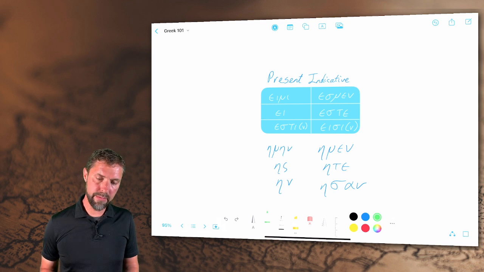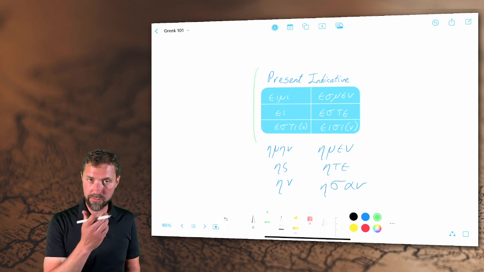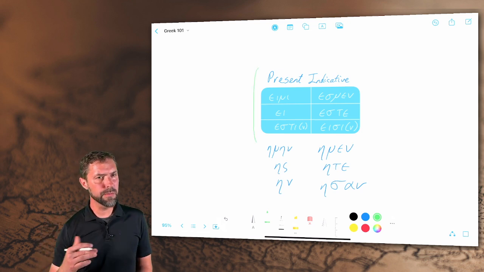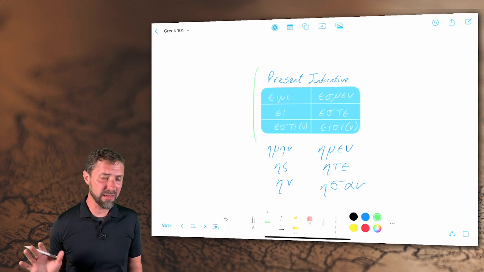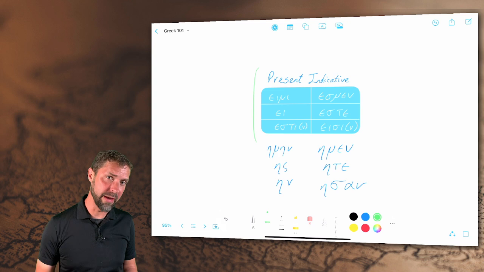Reminder, eimi is the verb for "is." Present would be focused on time. With the eimi verbs, we're not really working so much with aspect. We're really focused on just the time.